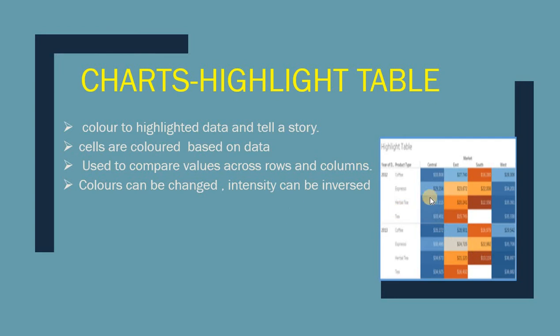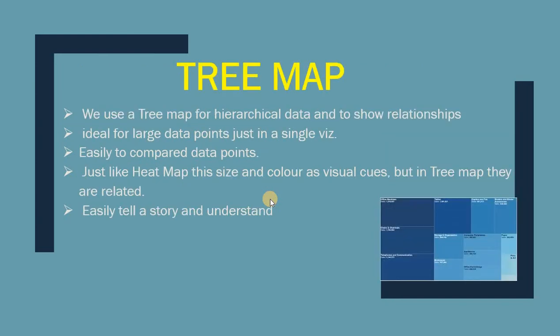What data points are needed to visualize this, we will see in the actual video. The other one is a tree map. A tree map is similar to the ones we have seen, in that it uses color and different color intensity in a tabular form.